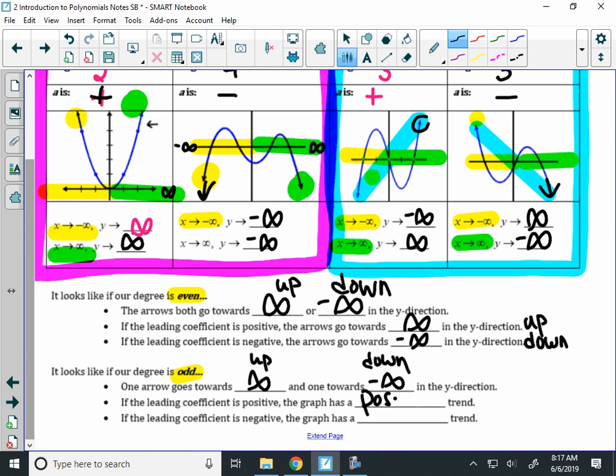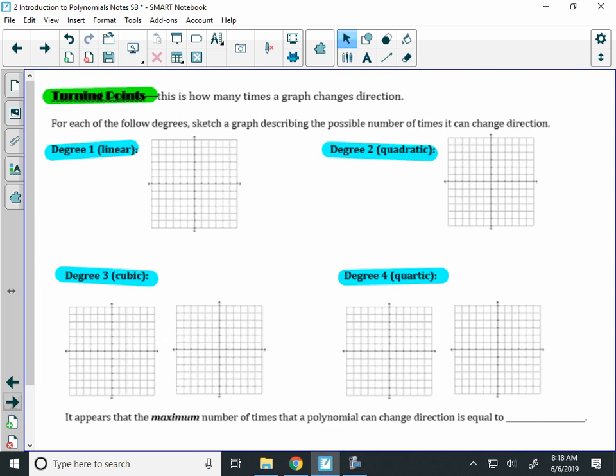And we saw that by connecting the endpoints of my graph. So my graph's going to have a positive trend. If there's a negative in front, it has a negative trend, like graph number 4, and the arrows point down. So that's one thing that the degree tells us. It helps us figure out where the arrows of my graph go.